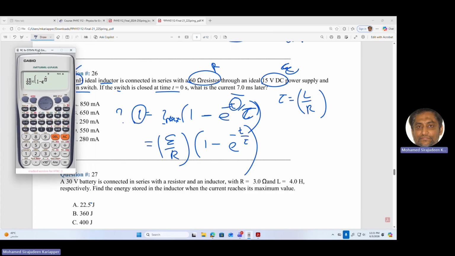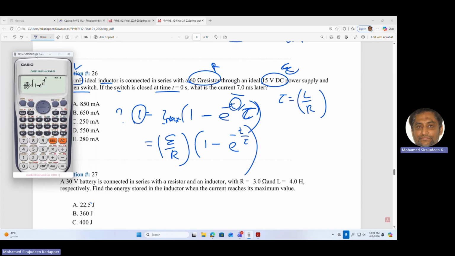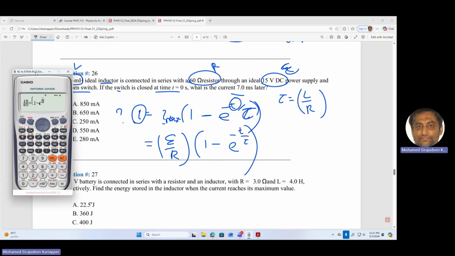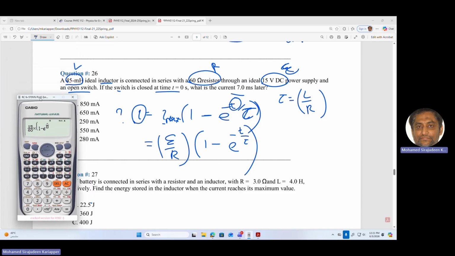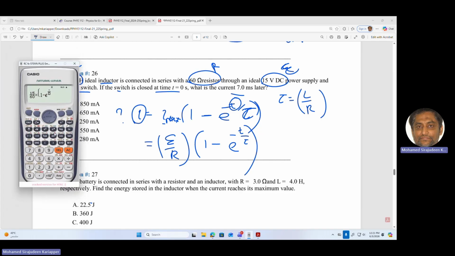Since we're going to put everything in SI units, we will spare the trouble. Let me look at the L and R. Let's put everything in SI units so you don't get into any trouble. So time is in milliseconds, so I need to convert to second. Divide by L over R.